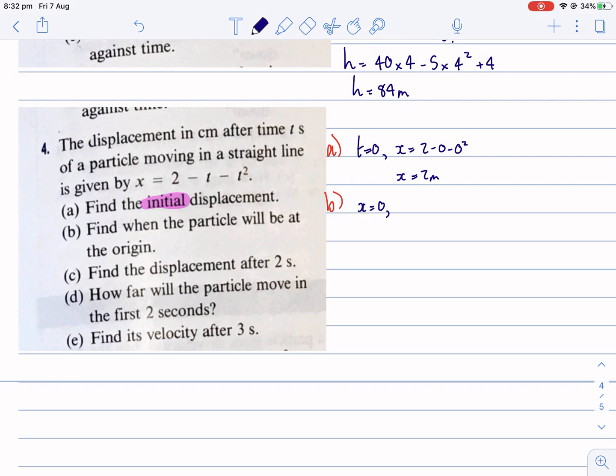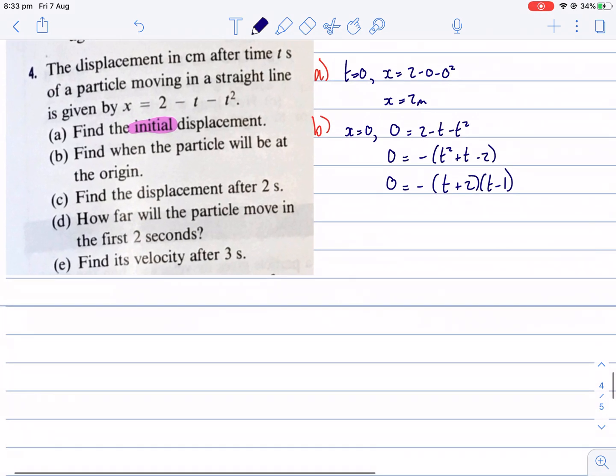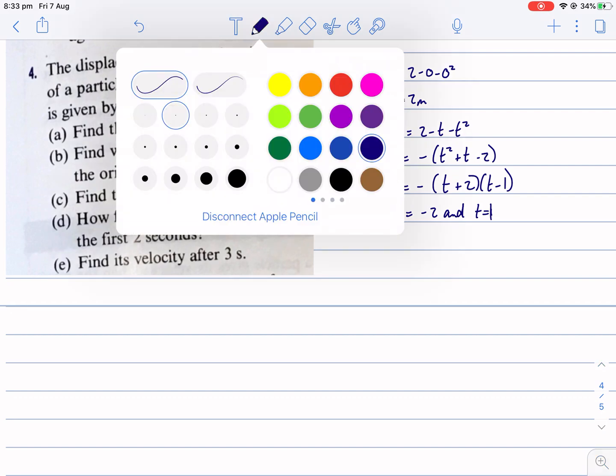So we're assuming x equals 0, so 0 equals 2 take t squared. 0 equals minus t squared plus t take 2. Factorising it, yep, that comes out as that. So t equals -2 and t equals 1. Can't have negative time, so t equals 1 second.